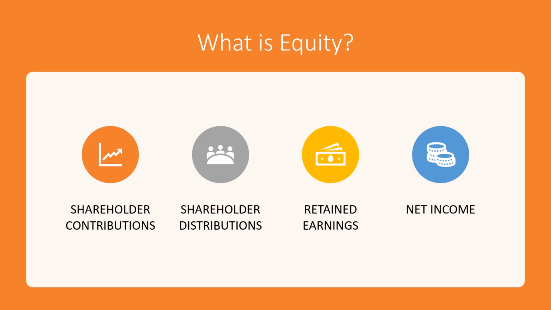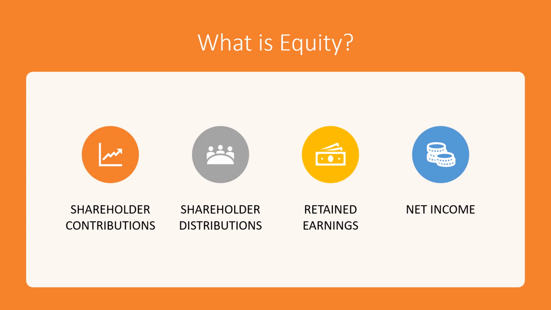What is equity? Equity can mean different things for different types of entities, but for this example, we're going to use an LLC or an S Corp as the entity for the description for equity. Under equity, you would have shareholder contributions, which is any money or property that the shareholder has contributed to the business.